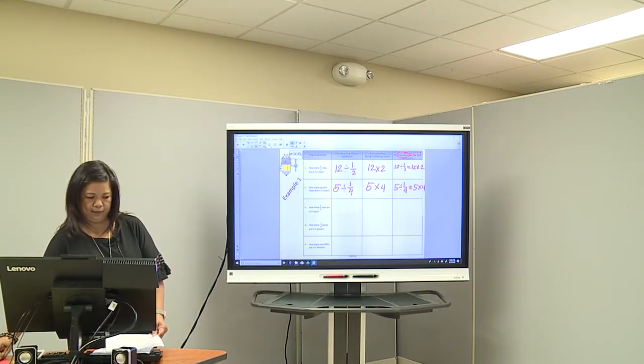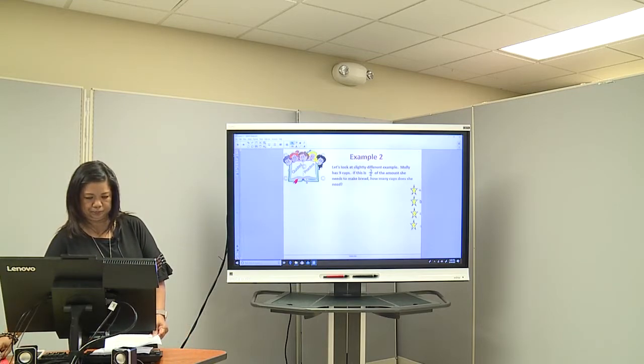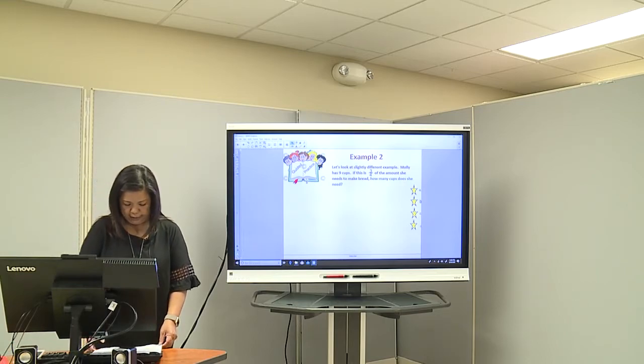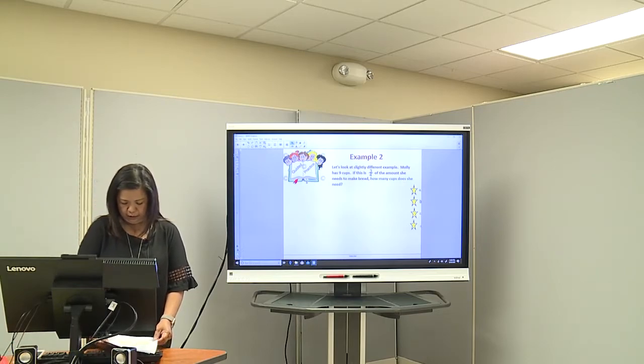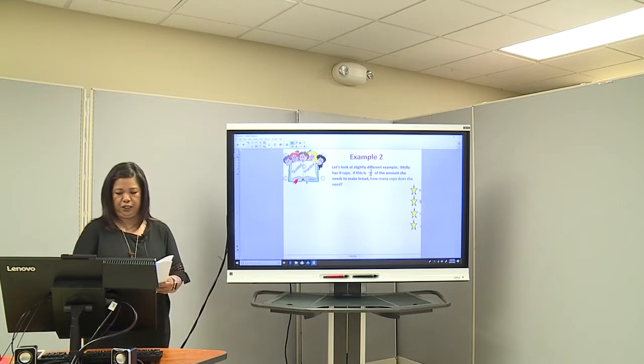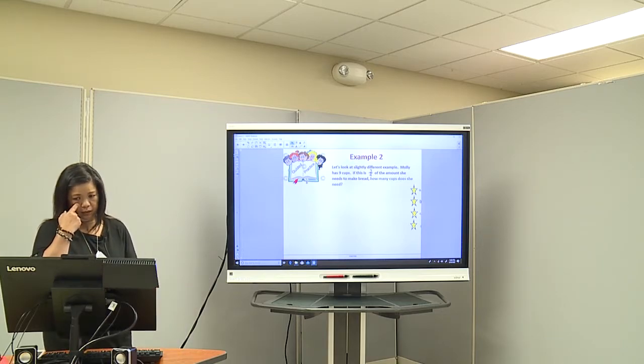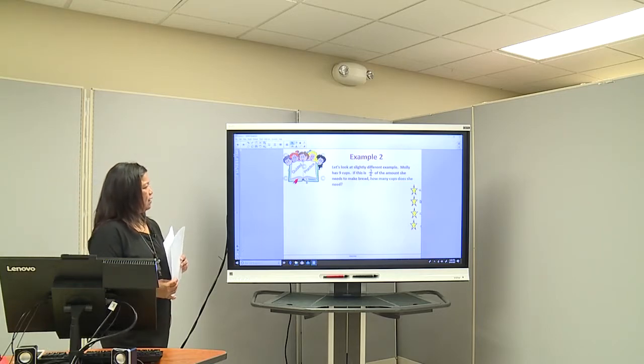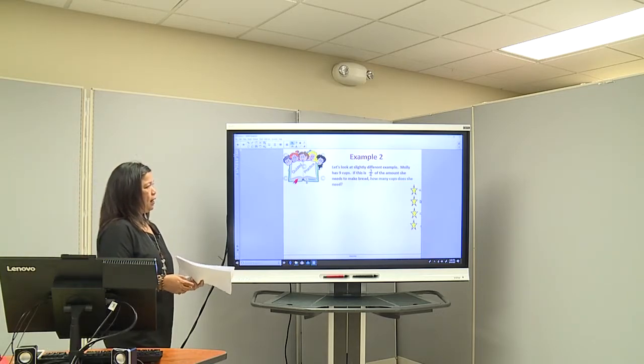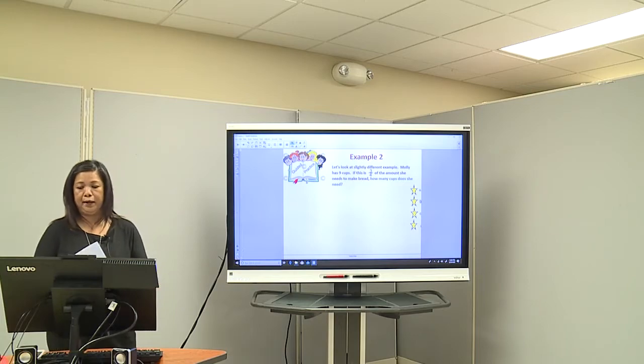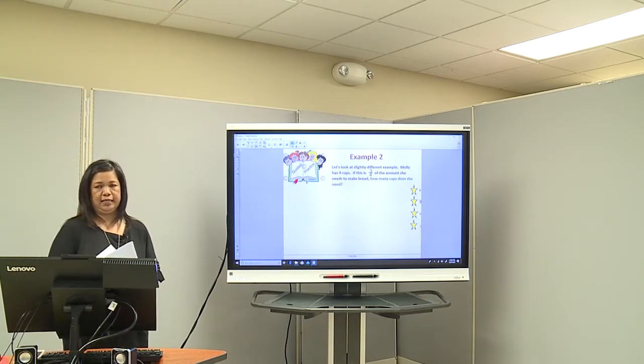So to continue, let's look at example 2. Let's take a look at a different example. Here it says, Molly has 9 cups. If this is 3/4 of the amount she needs to make bread, how many cups does she need?